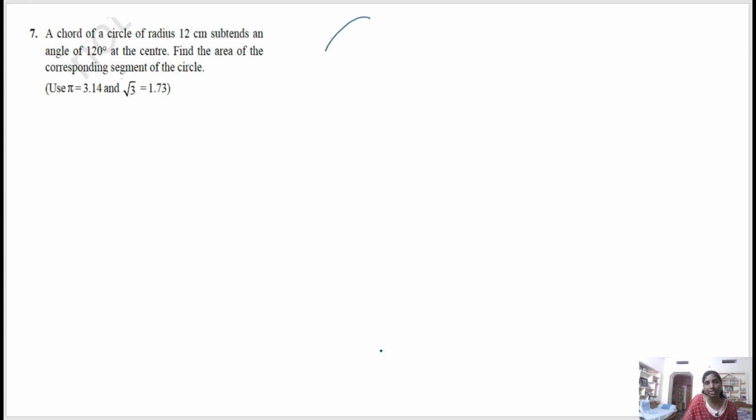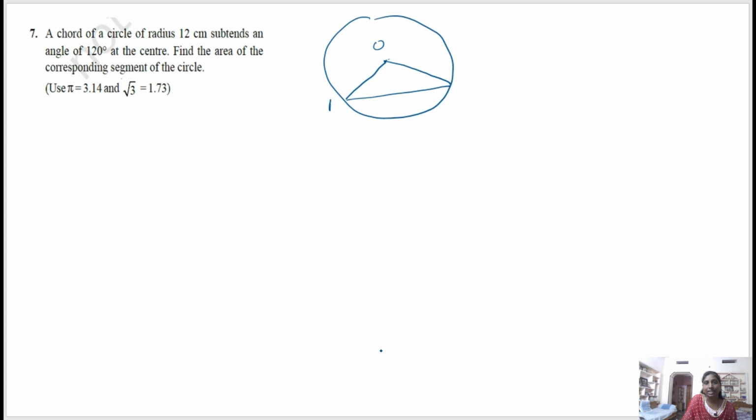Now let us draw a circle with center O. Now here the chord subtends an angle of 120 degrees at the center. 120 means obtuse angle. Okay, let us take a chord like this.